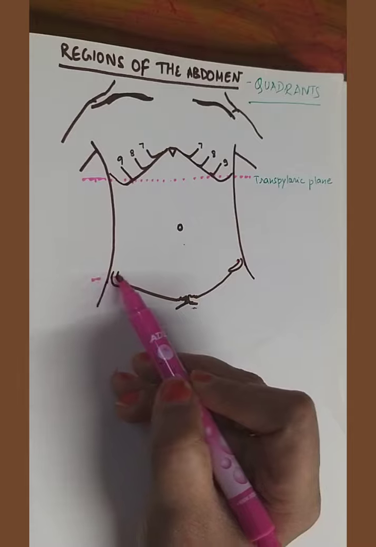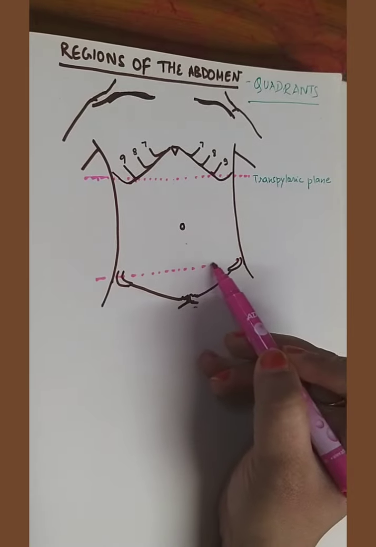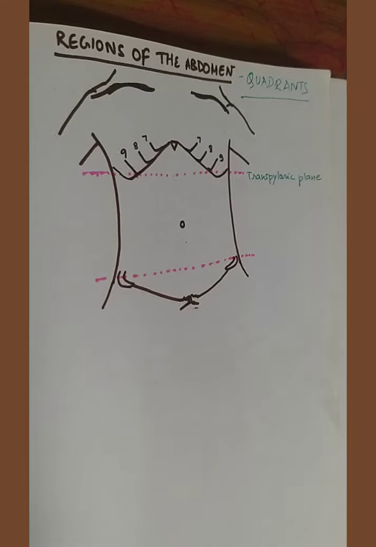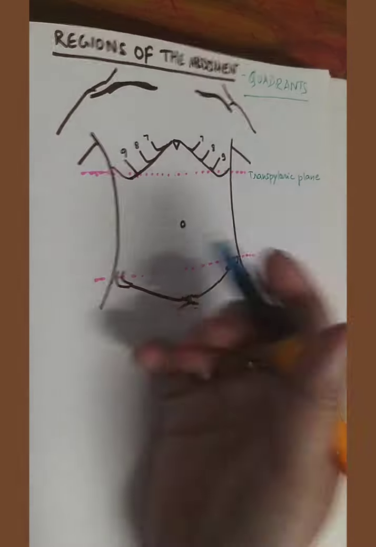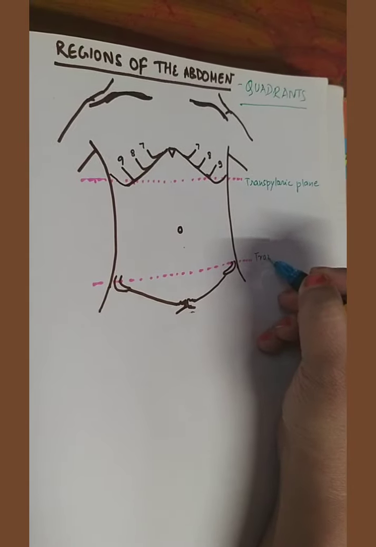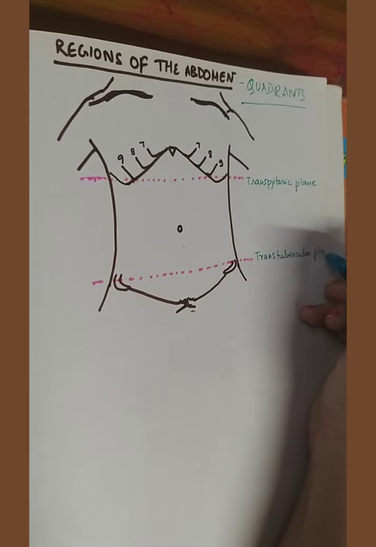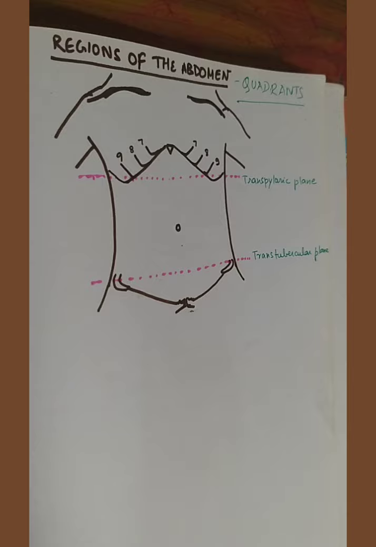So in front it passes through the tubercles of both the iliac crests, and behind the plane passes through the upper part of the L5 spine, or the spine of the 5th lumbar vertebra. So this one is the transtubercular plane. These are the two horizontal planes.